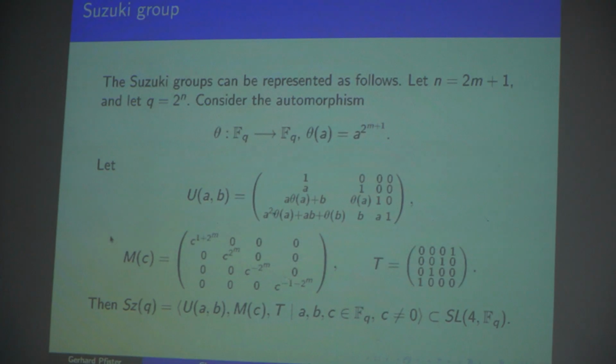And then you define 3 4x4 matrices in this way. The Suzuki group is the group generated by these 3 matrices as a subgroup of the special linear group SL4 FQ. So just to get an idea what kind of groups are coming up here.